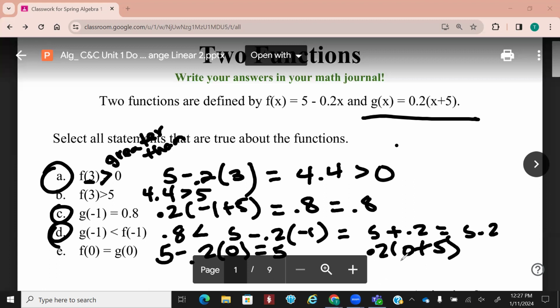So 0.2 times 0 plus 5. 0 plus 5 is 5, so it should be 0.2 times 5. So what's 0.2 times 5? Type it in your calculator. I don't expect you to know it. So we got 1. Is 5 equal to 1? No. So that's not a true statement.